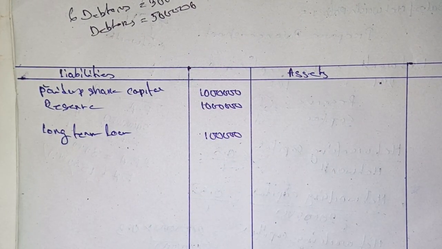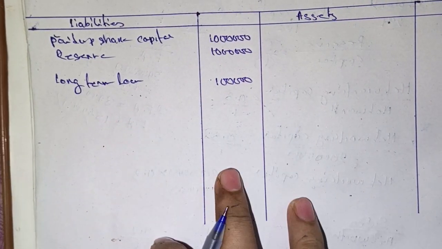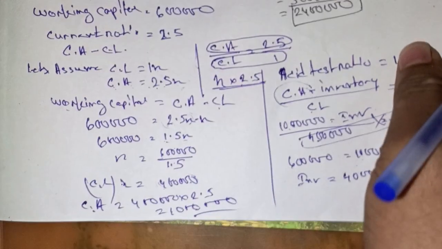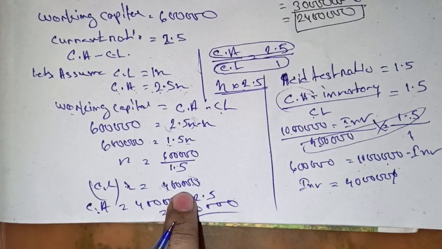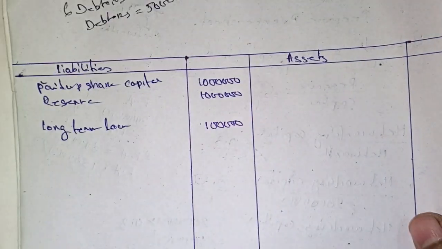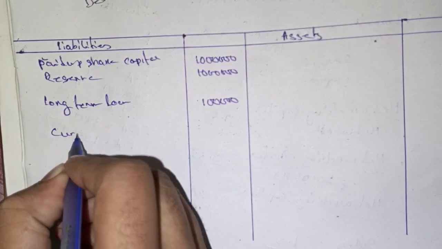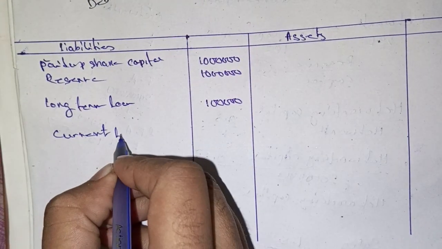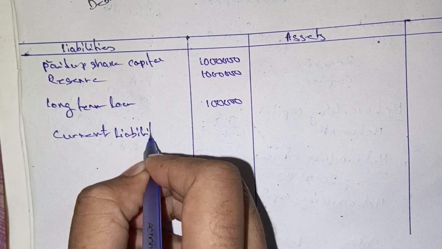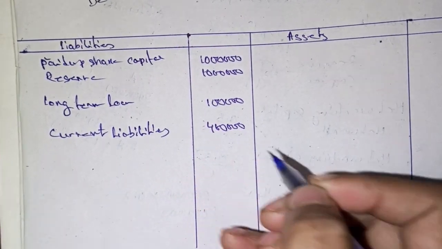Then we can put here our current liabilities. Current liabilities is how much? Current liabilities is 4 lakh. Here I am going to put our current liabilities, 4 lakh.